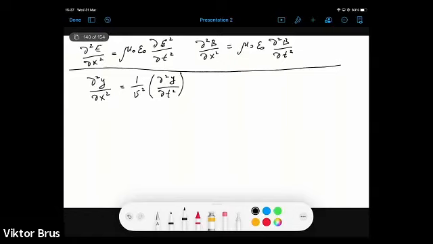So this is the general form of the wave equation. And as I mentioned, v is the speed of spreading of the wave, and y is the wave function, which is a function of x and t.